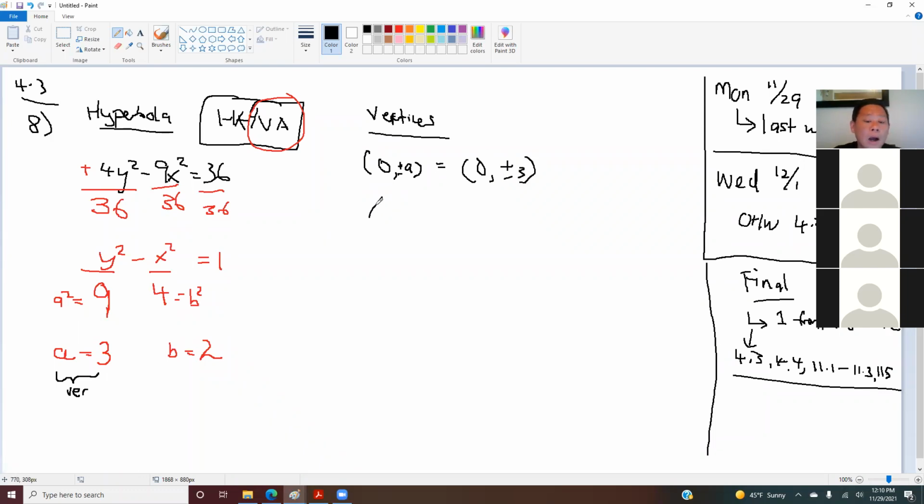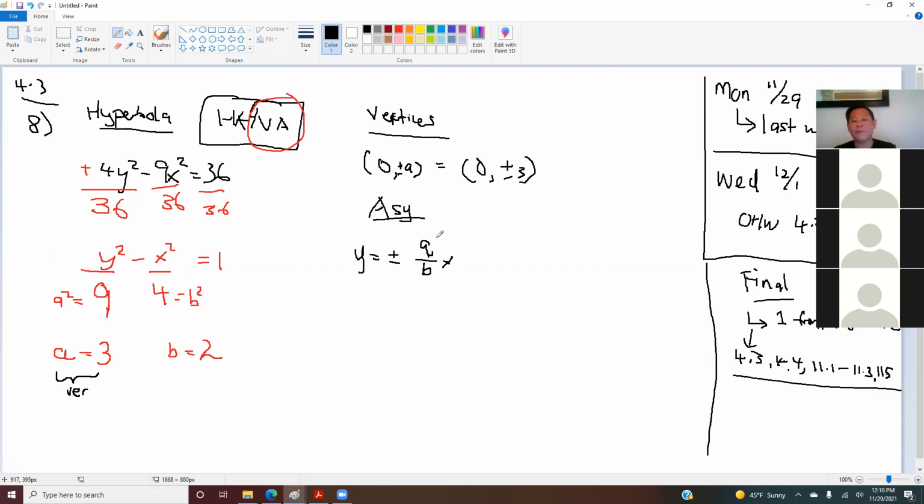Okay. This also wants you to figure out what your asymptote is. So if you remember, the asymptote formula is y equals plus or minus a over b x, because your y is a and your x is b.